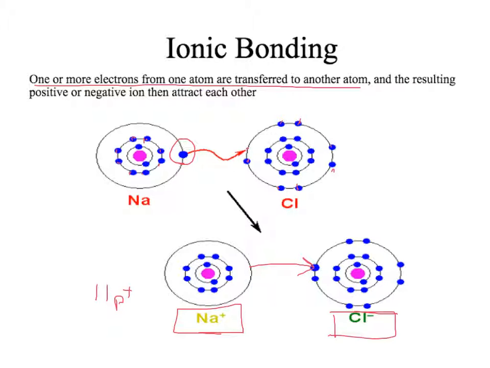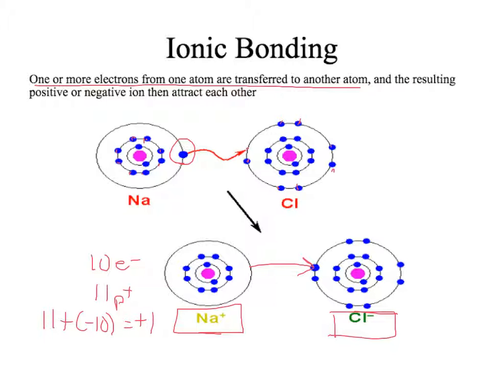It has 11 protons because its atomic number is 11. But now it only has 1, 2, 3, 4, 5, 6, 7, 8, 9, 10 electrons. So if we think of this the same way we add signed numbers, 11 plus a negative 10 gives me a positive 1 charge. So that's why the sodium has a plus sign beside it, because it has a positive 1 charge.